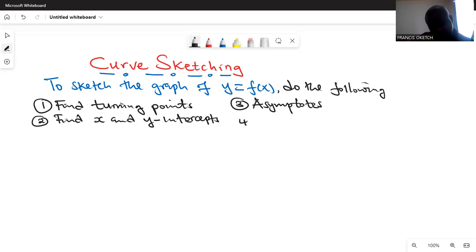And in number four, once you have found those three things, then you use freehand to join the points. Maybe we talk of the turning points, x-intercepts, and even the asymptotes. So use freehand to sketch the graph.